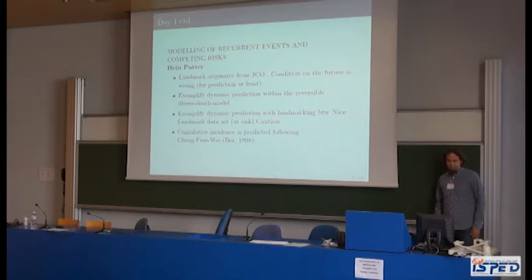And he exemplified the dynamic prediction within the reversible illness-death model in a very pedagogic way. And he also exemplified the dynamic prediction with the landmarking. I said very nice landmark dataset plot, and also Paul made some. But I think for teaching it can be very misleading because it's not to be confused with the at-risk process.